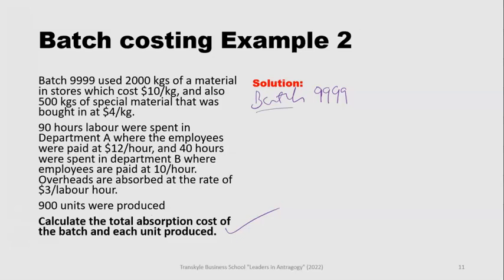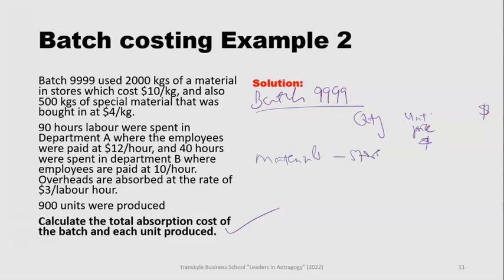Okay, that's our batch, and we've got quantity, unit price, as well as our $ sign at the end. Now we have got materials.